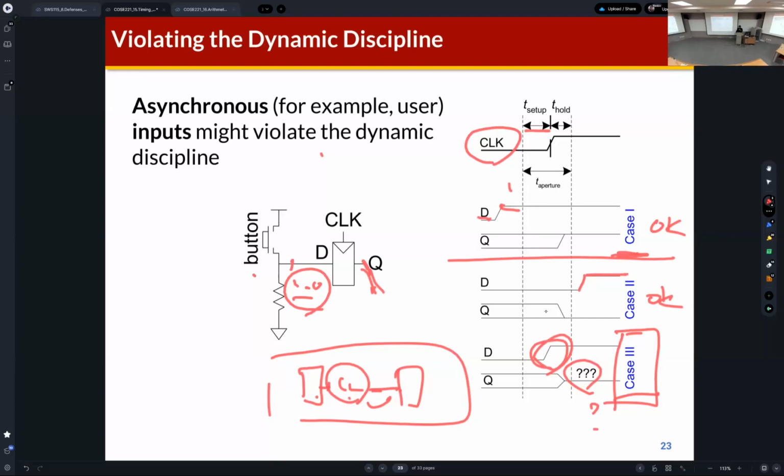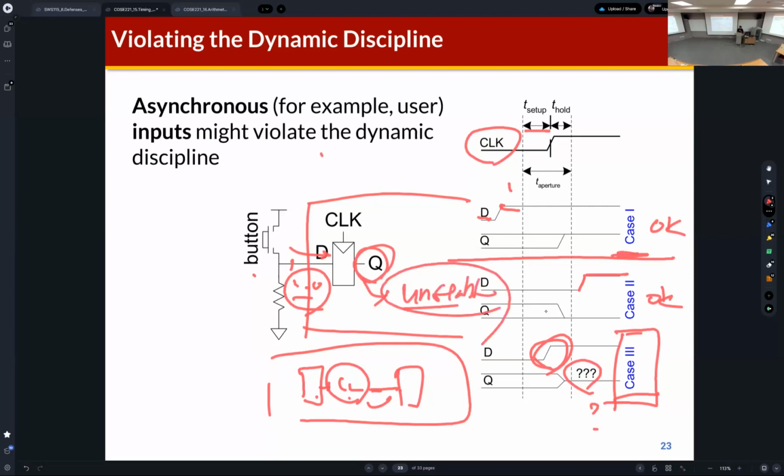So what's the problem? Actually, when a user pushes the button, this user will generate the input signal to this flip-flop, and then the output of the flip-flop can be unstable, right? Then how can you avoid this situation?